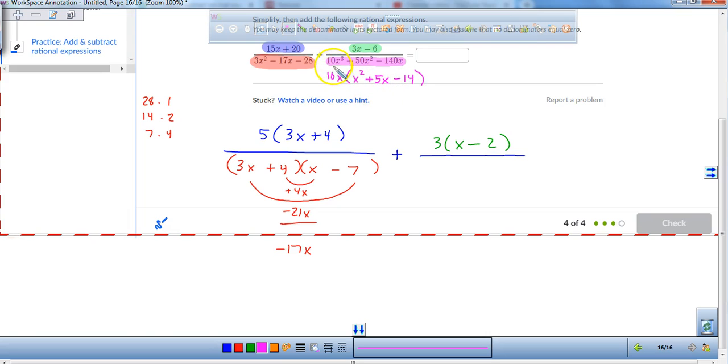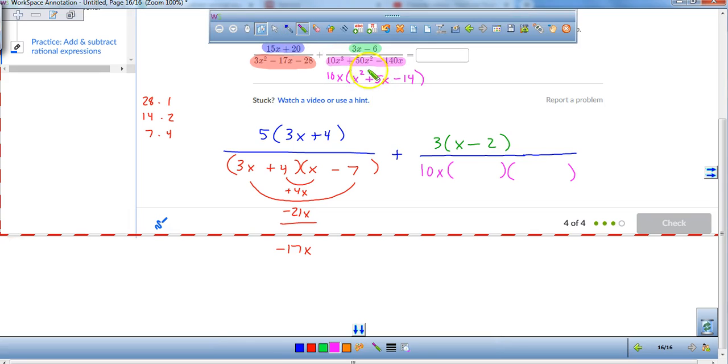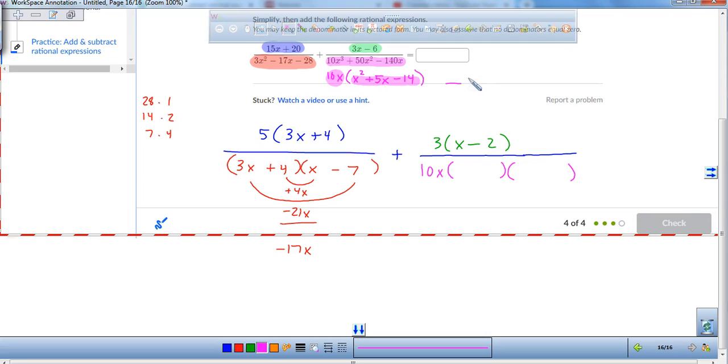So just by factoring out the number 10, which is divisible into 10, 50, and negative 140, and knowing that I can pull an x out of each of those terms, that makes things a heck of a lot easier. So I'm going to put a 10x, and then I'm going to factor this guy right here. Well, how do we factor x squared plus 5x minus 14? Once again, same pattern. We're looking for two numbers that add together to equal 5.